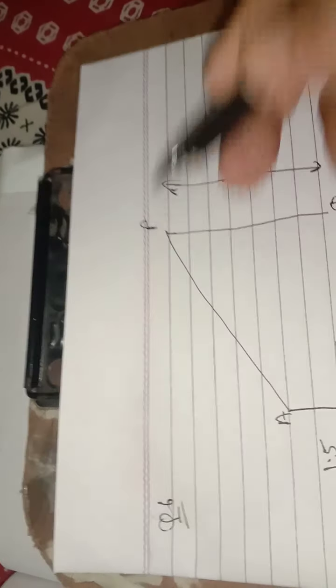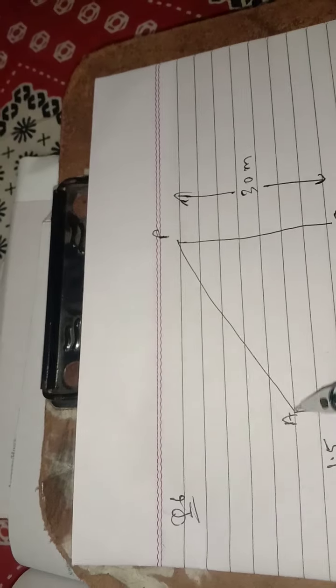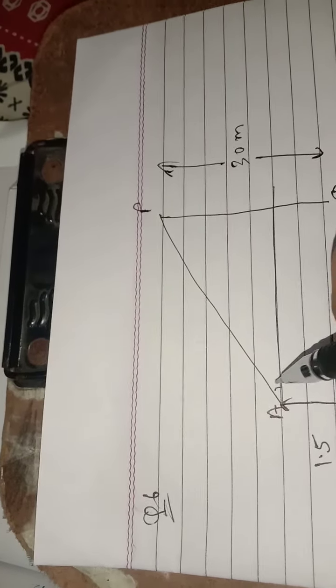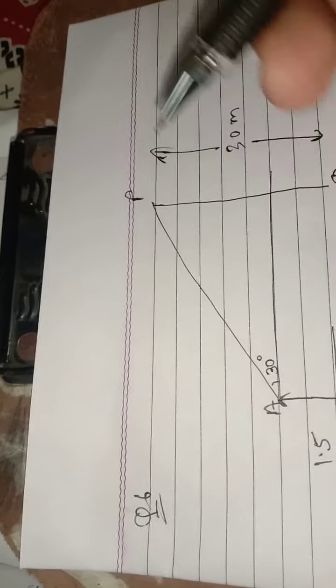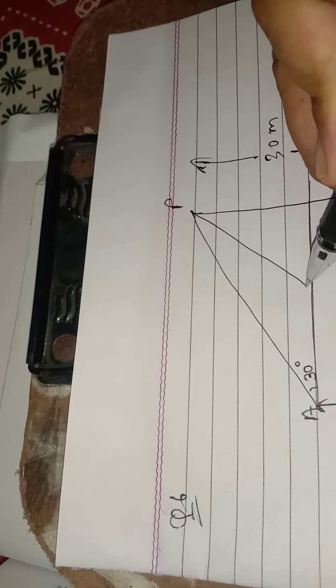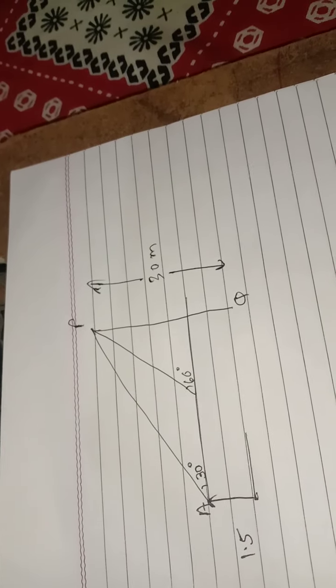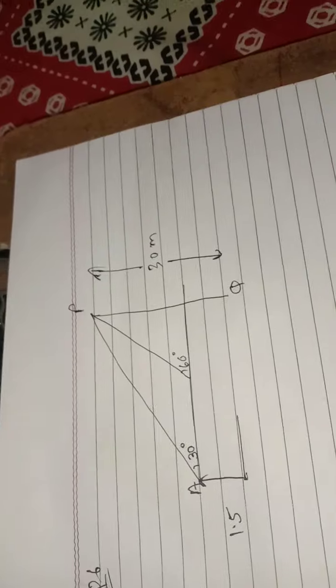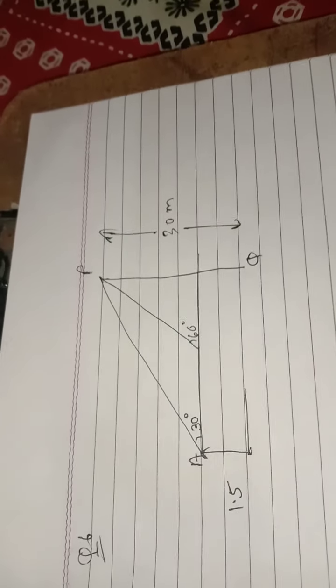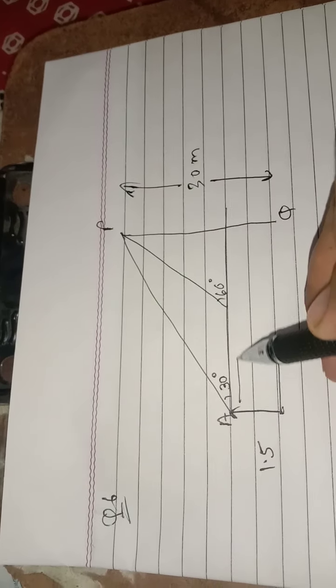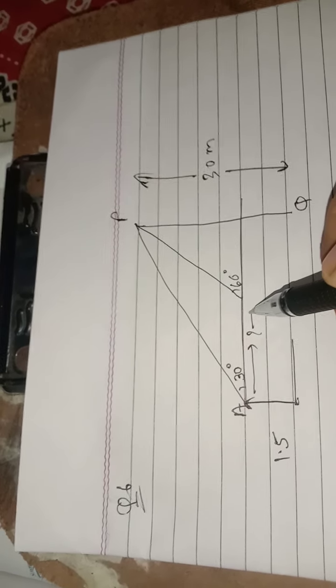The first angle is 30 degree. This is the height of the boy. The first angle is 30 degree and then it is converting into 60 degree. As he walks toward the building, we have to find how much distance he walked toward the building.